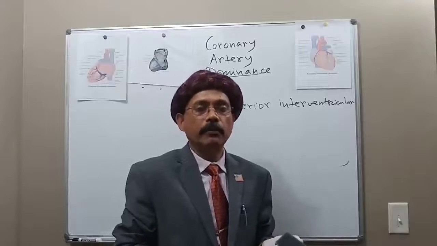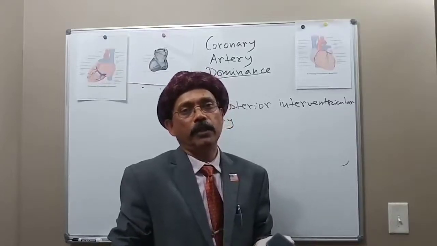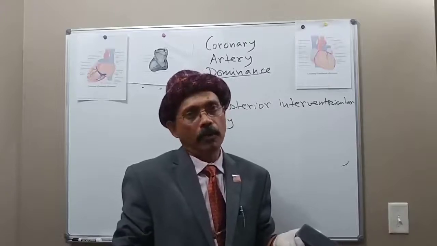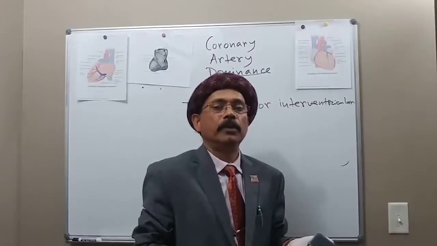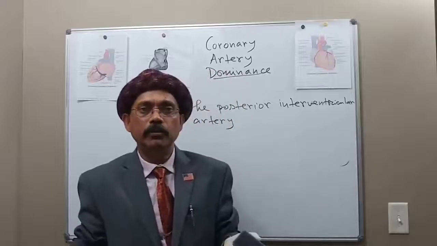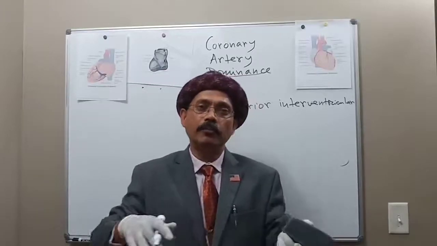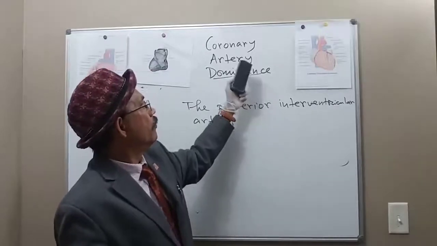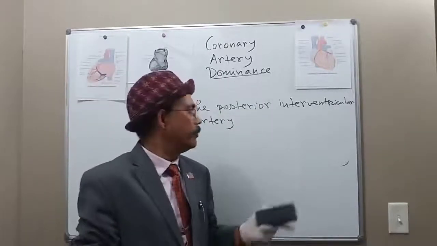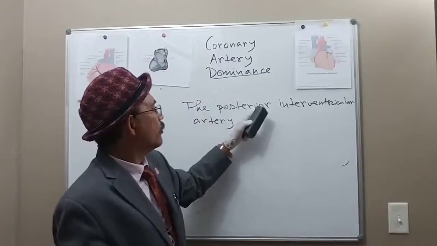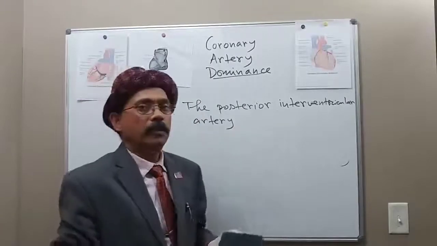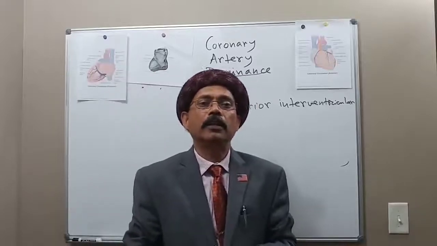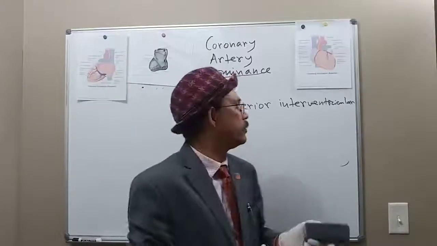It is usually a branch of the right coronary artery, so that is the dominant coronary artery. In terms of distribution, the left coronary artery has more area of distribution, but the right coronary artery supplies the SA node and AV node, plus it gives rise to the posterior interventricular artery. If it gives rise to the posterior interventricular artery, then the right coronary artery is dominant.